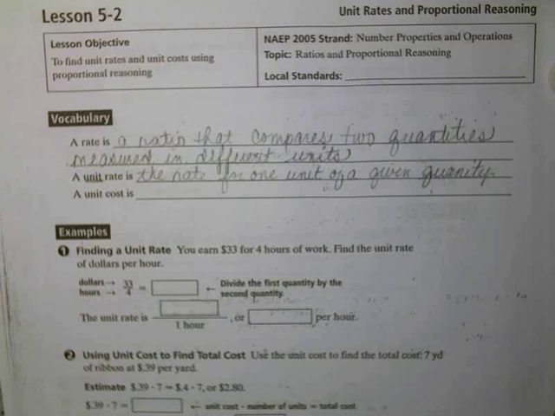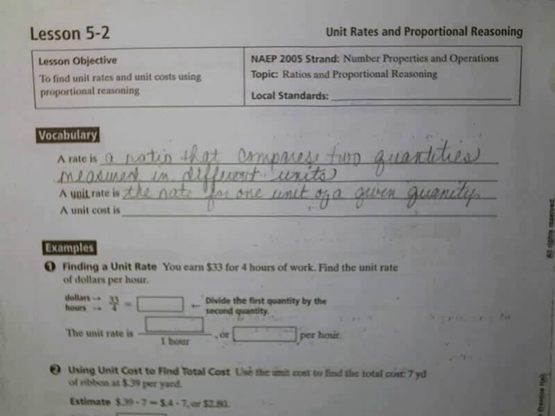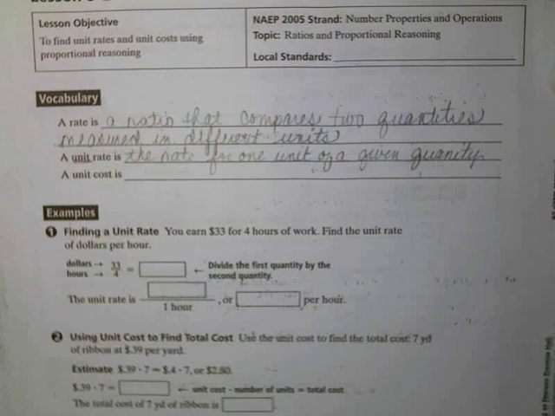So if I have something to spread out among several people, I might figure out how much each person gets per person. That would be a unit rate. Per household, per mile, per anything for one is a unit rate.